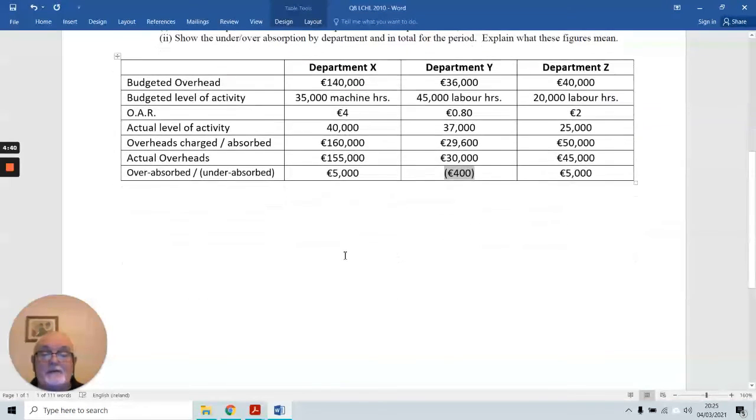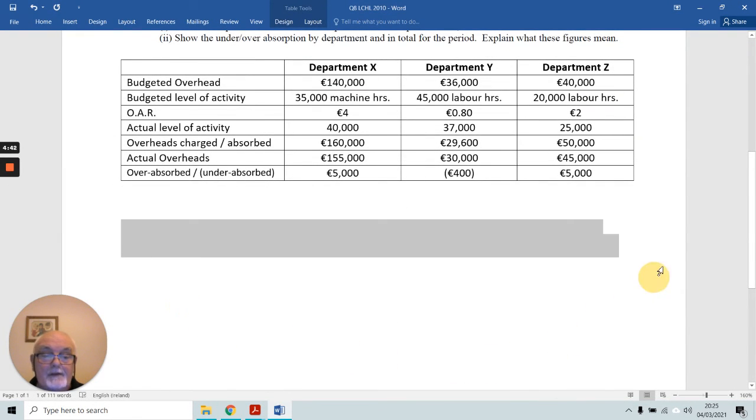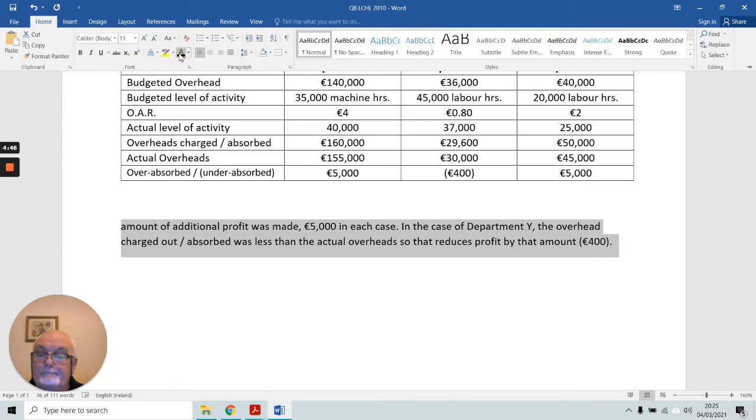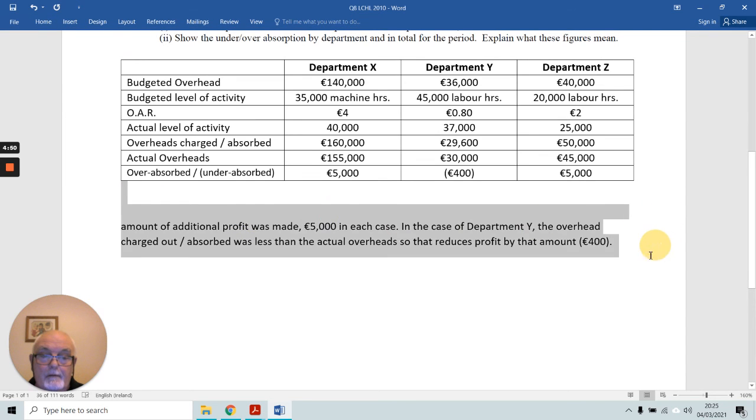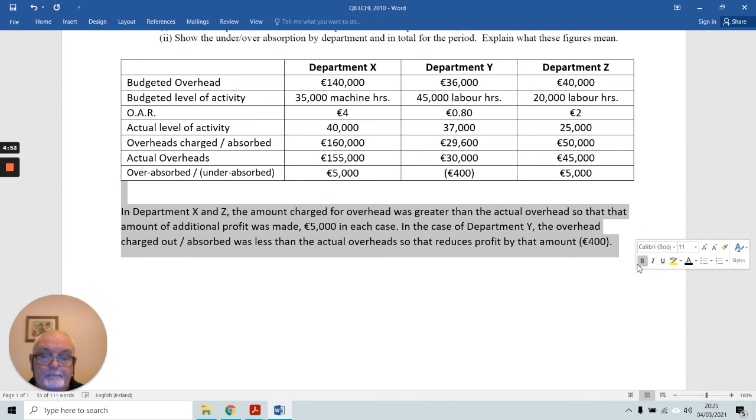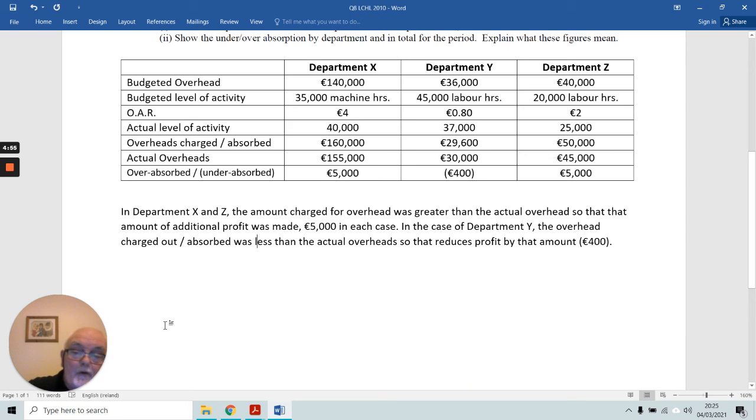And the last part of the question asks you to explain what is meant by all of that stuff. So in Department X and Z, the amount charged for overhead was greater than the actual overhead. So that amount of additional profit was made, €5,000 in each case.